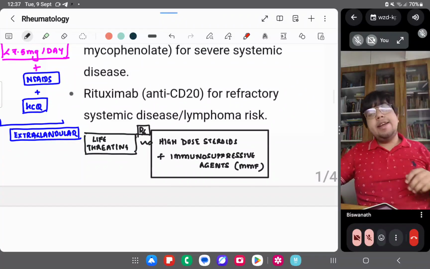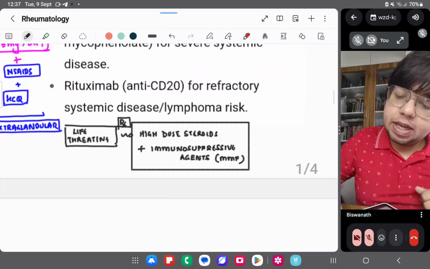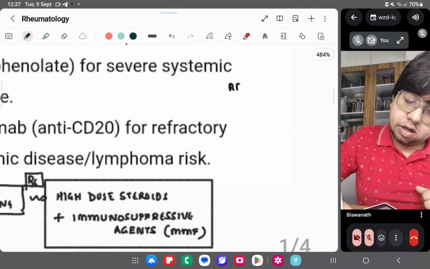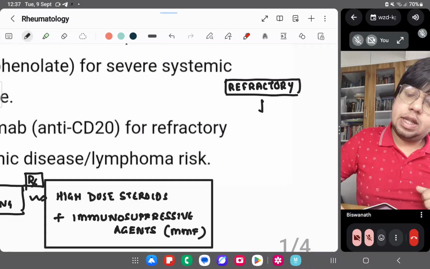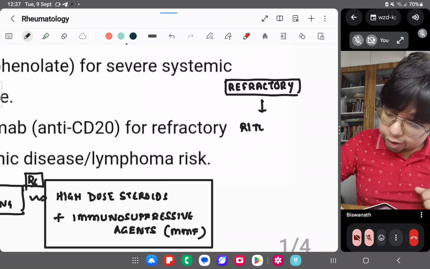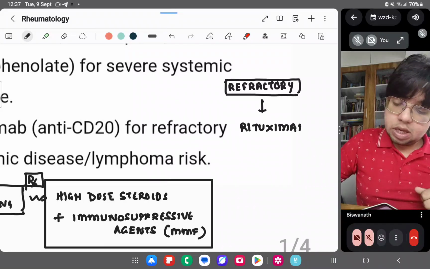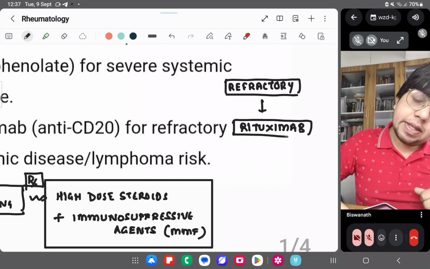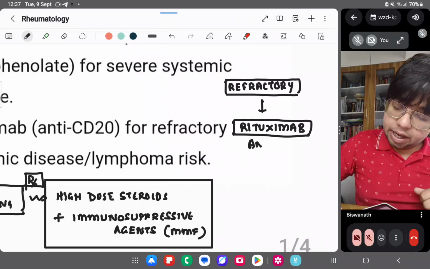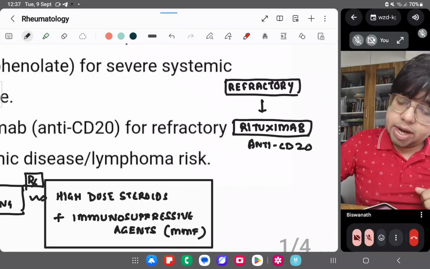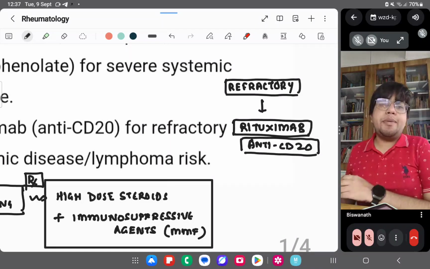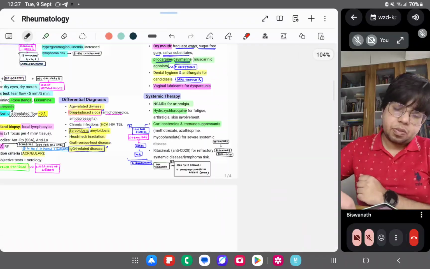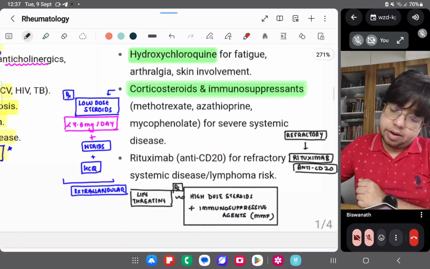And if it is a refractory Sjogren's, then you can also add rituximab. This rituximab is anti-CD20.